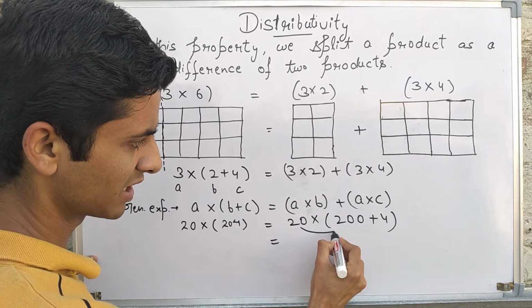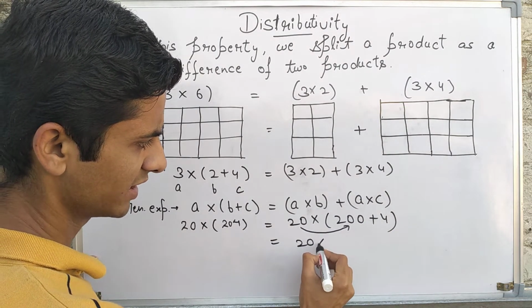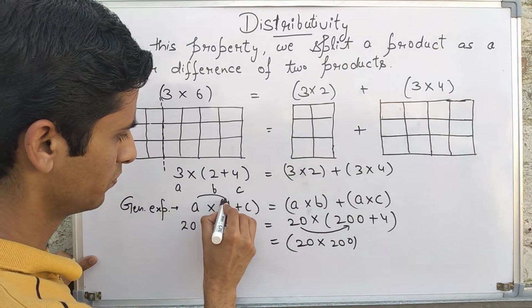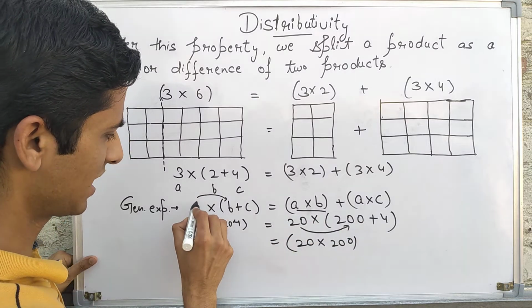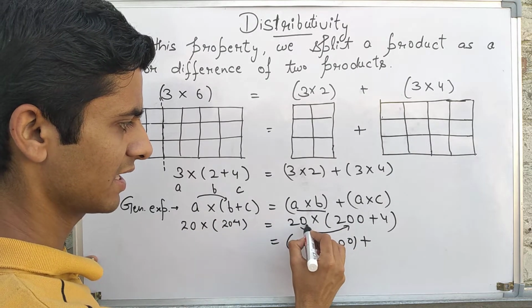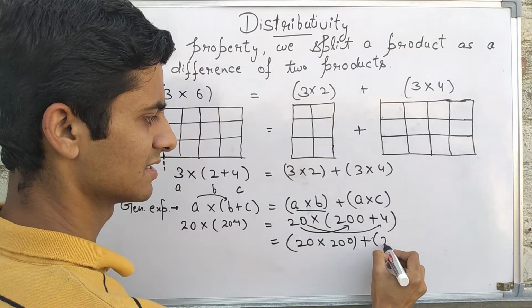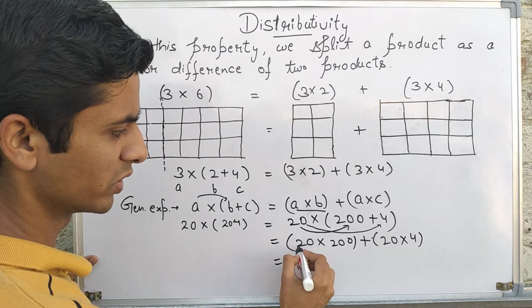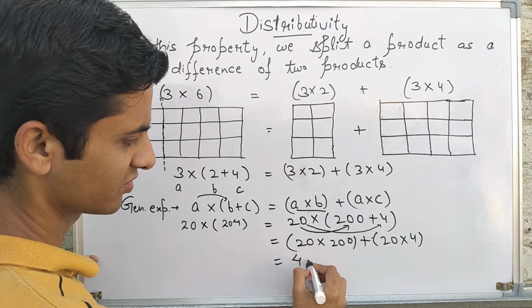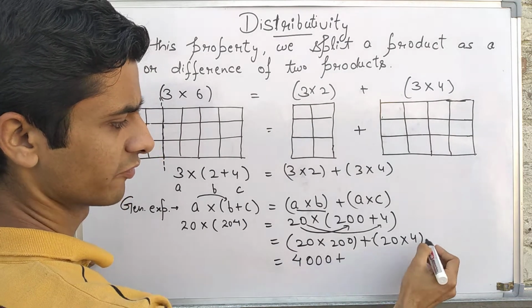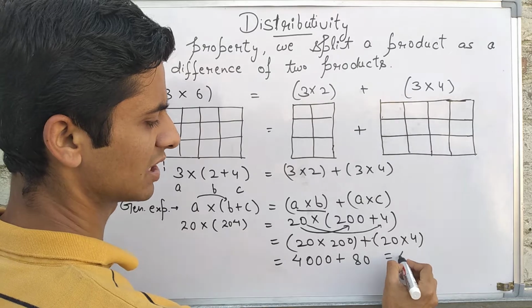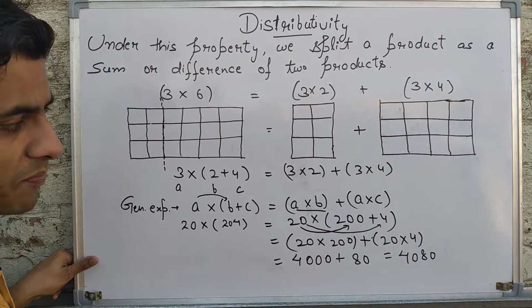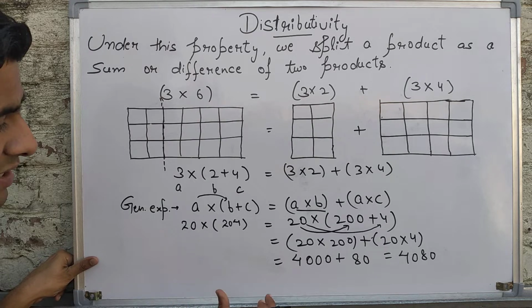So this number will be multiplied by each: 20 into 200, A into B, plus A into C. So now you can easily do 20 into 200, 2 2s are 4 and 3 zeros, plus 4 2s are 8, 80. So the answer is 4080. By using distributive property, our calculation has become easy.